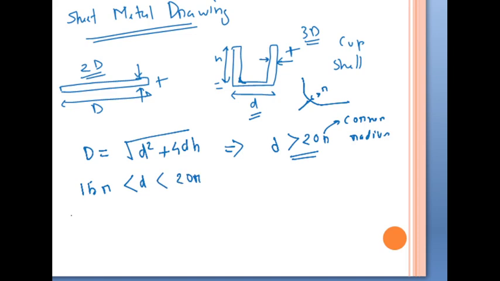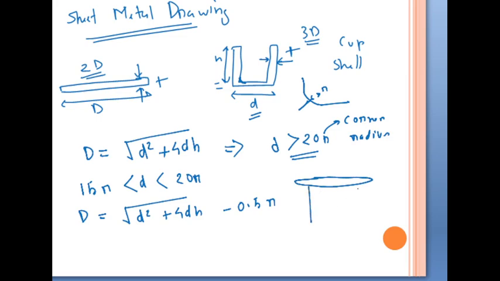In that case, the diameter of the blank will be D is equal to under root of d square plus 4dH minus 0.5R. But when we produce a 3D product out of the sheet material, in the upper region there will be some extra part produced. This is the extra part. This part we need to trim out.